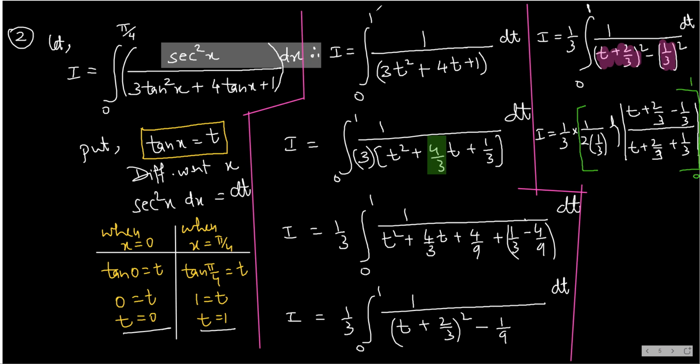So the next step you get is, this constant will come out. This is a constant, this can be taken out.